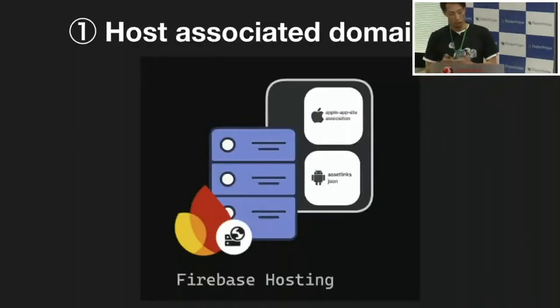As we mentioned before, we need to host association files on the hosting server. We will prepare a file called the Apple App Site Association file for iOS, and also assetlinks.json for Android.